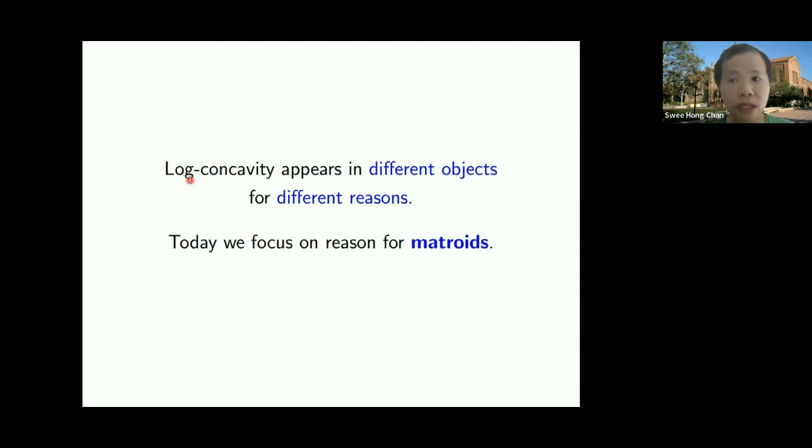For the binomial coefficients, let's say that is by direct computation. For the permutations, it's there because log-concavity is preserved under polynomial products. And today, our goal is to discover yet another reason for log-concavity. And this time, this is the reason why we see so much log-concavity for matroids. That is our goal for today.